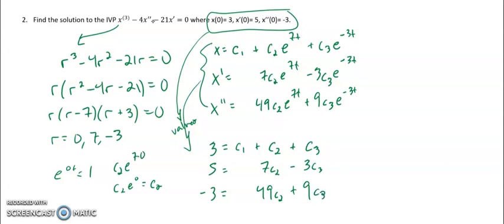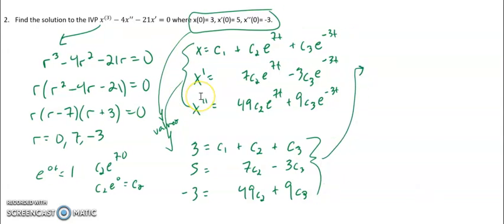These I'm going to put into a matrix. I love using matrices here because it does all the algebra for me. It prevents me from making silly algebra errors while I'm trying to do some calculus. The first thing I'm going to do is rewrite this.